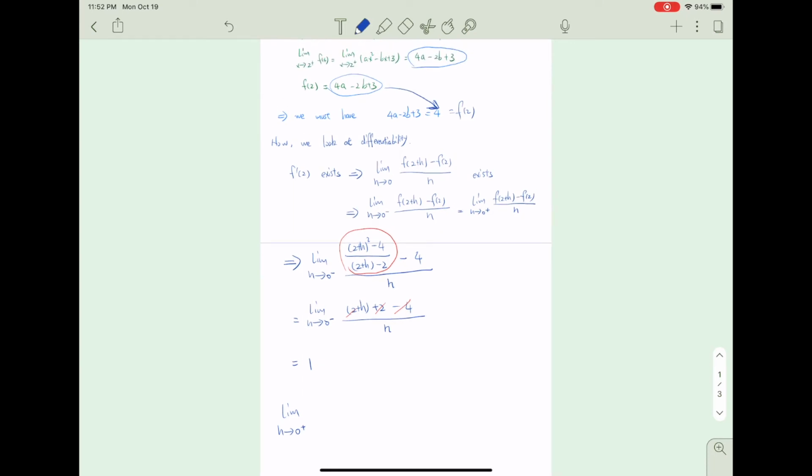So it's a times (h plus 2) squared, minus b times (h plus 2), plus 3. This thing minus f(2), and we know what f(2) is, which is 4a minus 2b plus 3, based on the discussion.